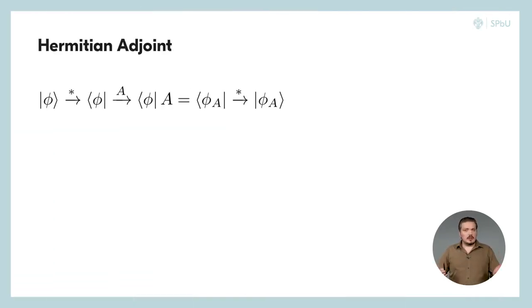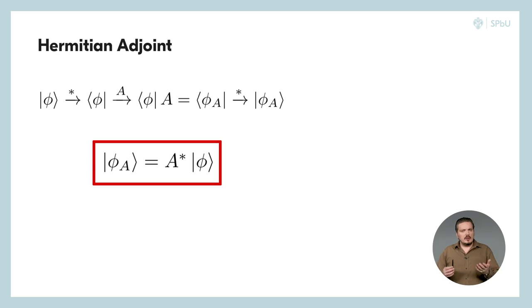Now we remember that each bra corresponds to some ket. So this bra, phi A, also corresponds to some ket, phi A. Is there a way to obtain this phi A ket from the ket phi?